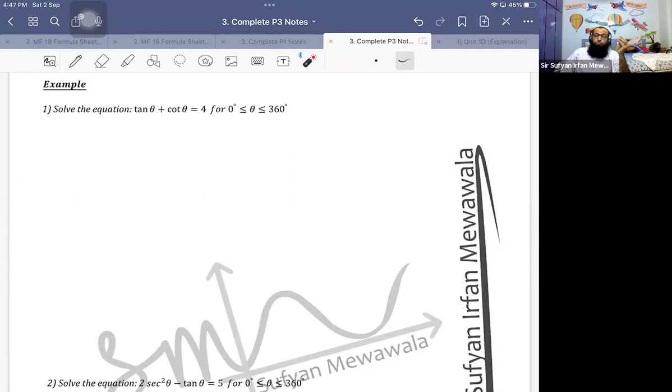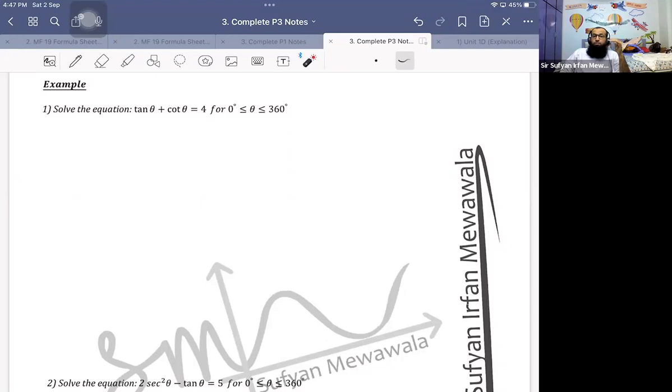So over here, a few students are saying use sine over cos in place of tan and cos over sine in place of cot. Yes, that is also a possibility, but in that case, sine and cos, two trigonometric functions, will be involved.